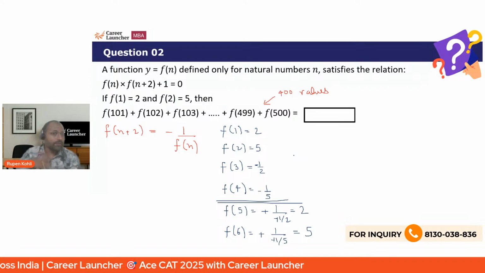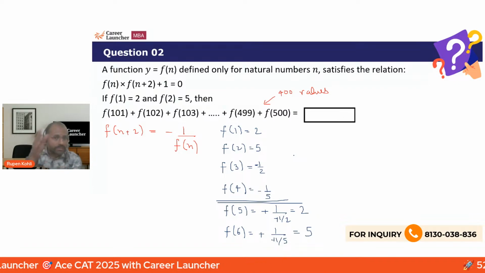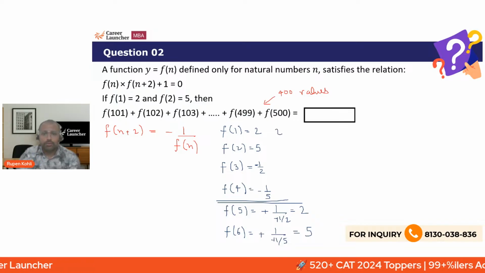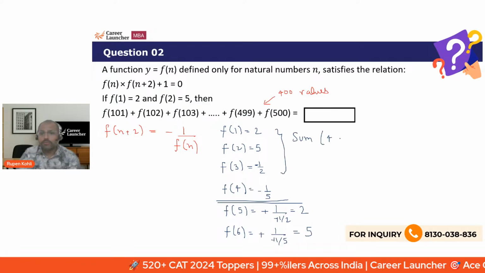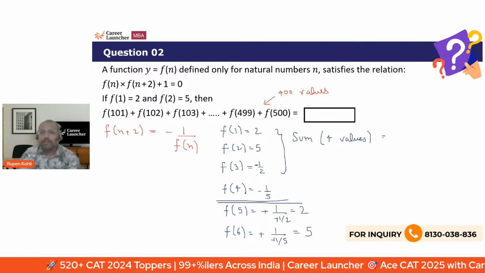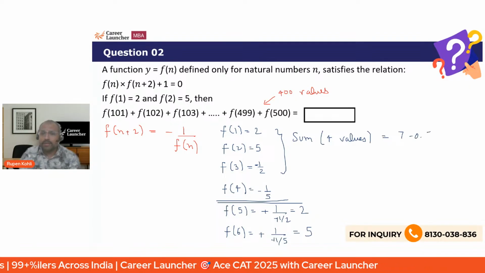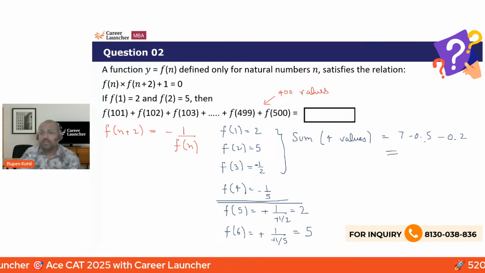400 values. We know 4 values will add up to 2 plus 5 plus minus half plus minus 1 by 5. So what is the sum of the function for any 4 values? 2 plus 5 is 7, and minus half is minus 0.5, and minus 1 by 5 is minus 0.2. 7 minus 0.7 is 6.3.